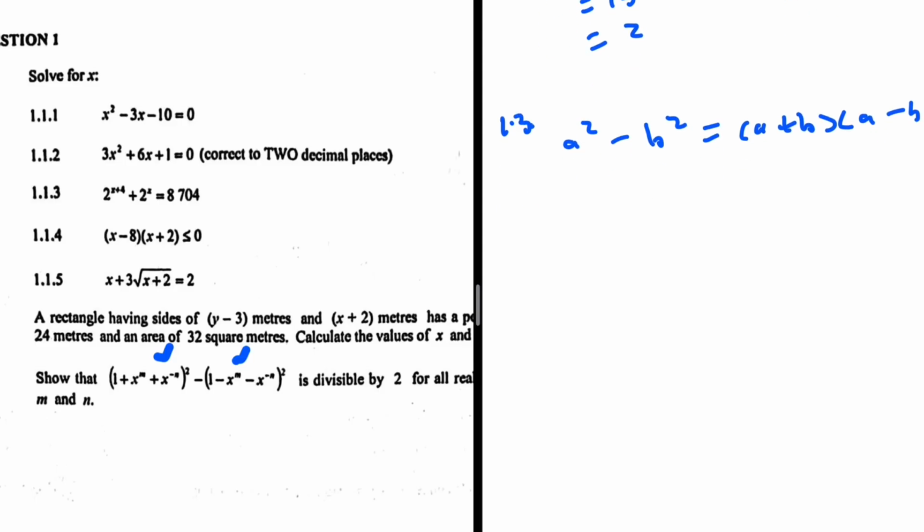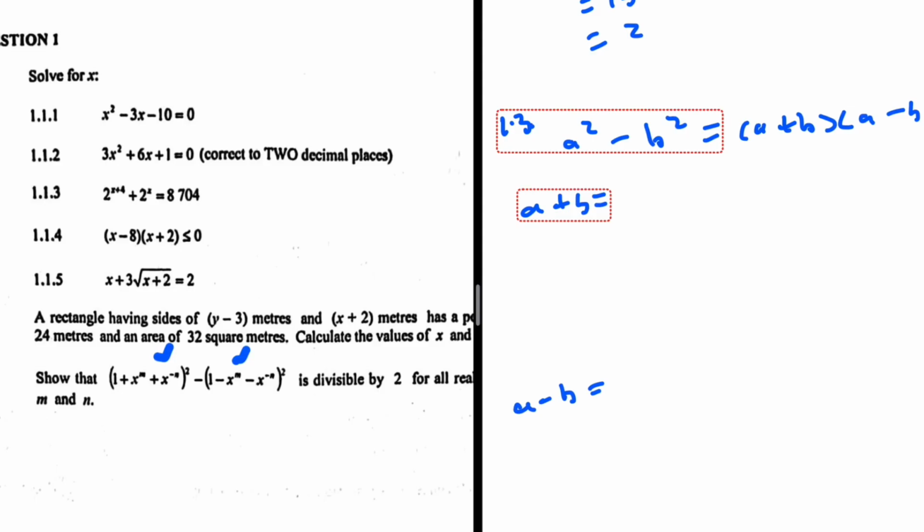So can we compute a plus b? Yes, we can. Can we compute a minus b? We can do that, obviously. So let's do a plus b, a minus b, multiply the 2 and see what happens. It might lead to that expression being visibly divisible by 2.